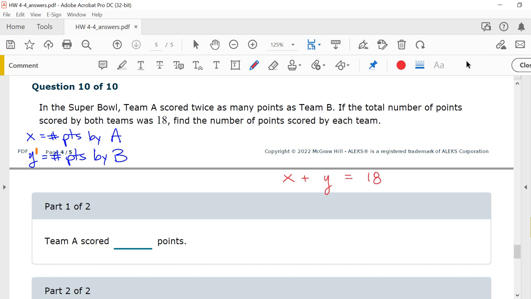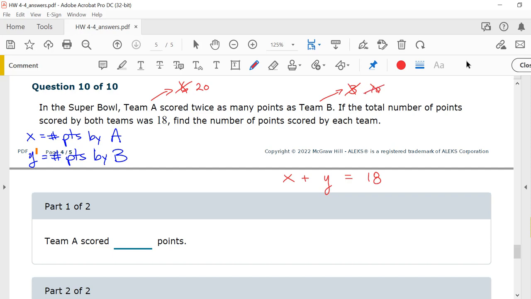Team A scored twice as many points as Team B. So if Team B scored, say, 3 points, then Team A would score 6 points. If Team B scored, say, 10 points, Team A would score 20 points.